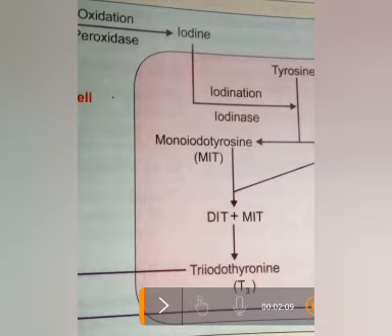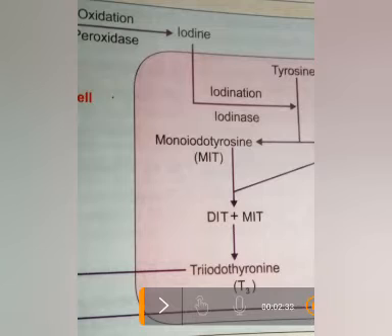These are the important steps involved in thyroid hormone synthesis in thyroglobulin. The first one is thyroglobulin synthesis. The endoplasmic reticulum and Golgi apparatus in the follicular cells of the thyroid gland synthesize and secrete thyroglobulin continuously.